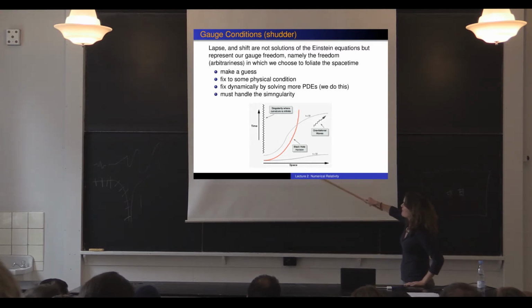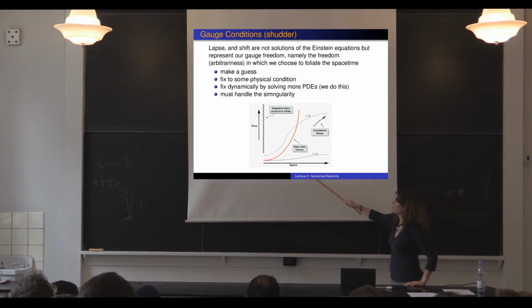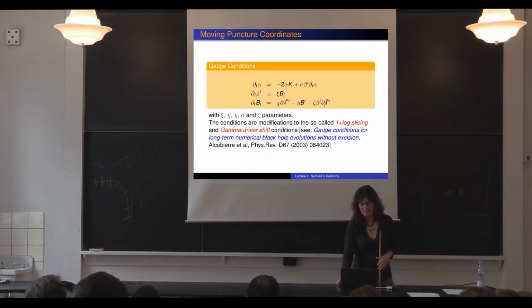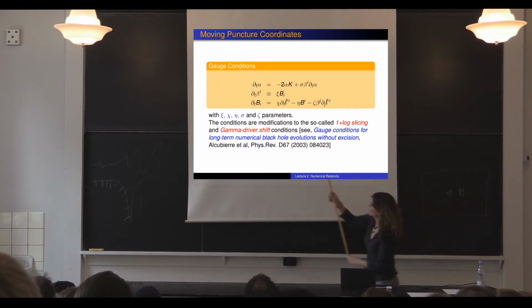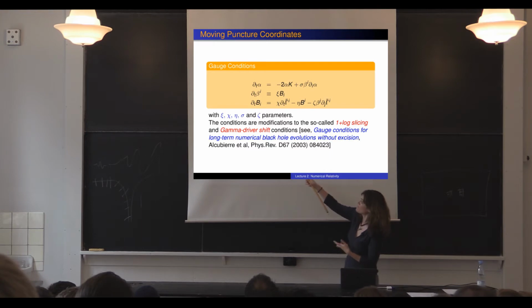So here we are in a space-time diagram. This is our singularity, here's the black hole horizon, and that's the gravitational wave. We're making choices so that we can ignore that singularity. Everybody's looks different, but one choice of gauge conditions would look like that. There are our time derivatives of the lapse and the shift, which was really a second-order PDE, and we rewrote it as first order.